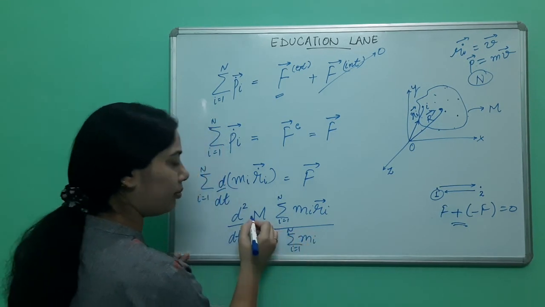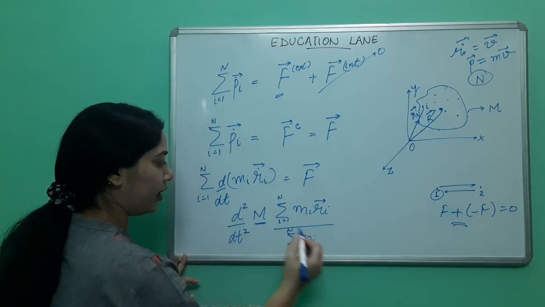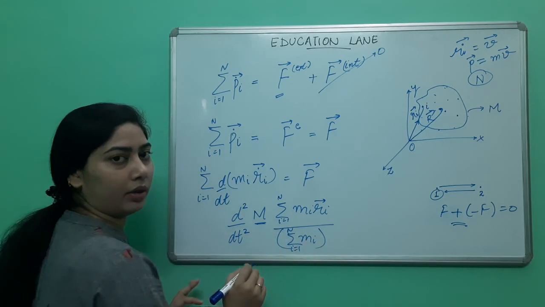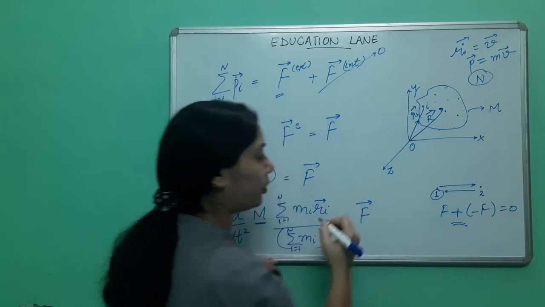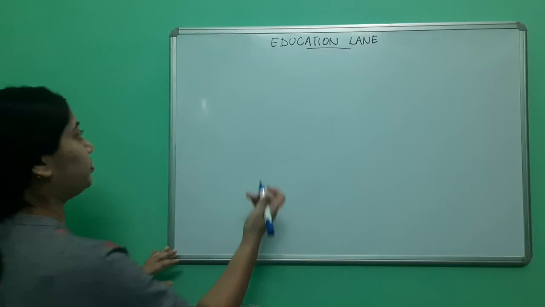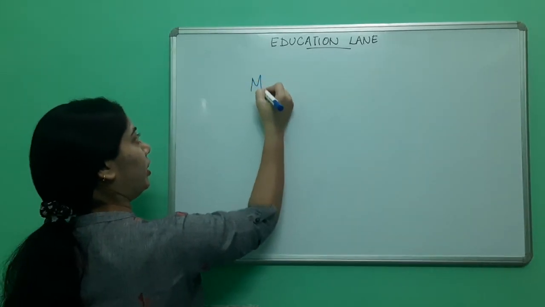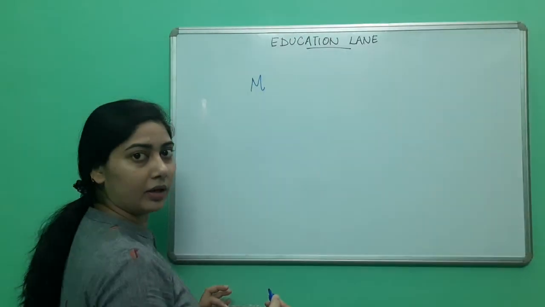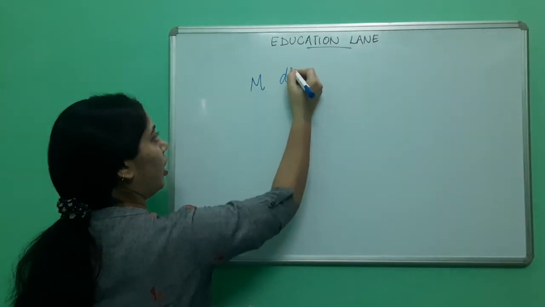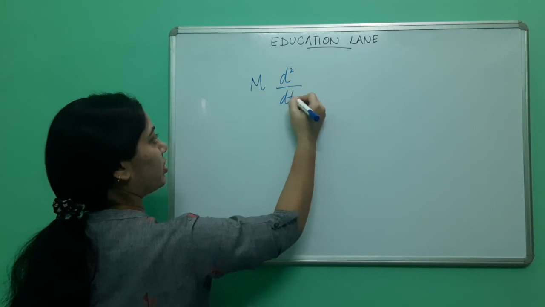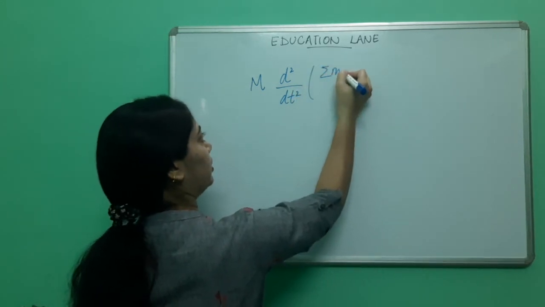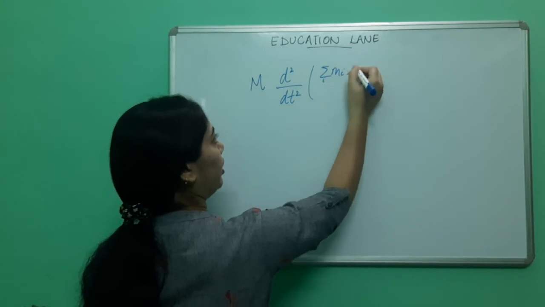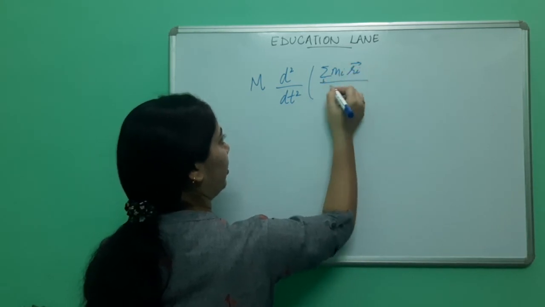This is also M, so I multiply and divide by the same term, so no effect will be seen. This is the total external force. I am taking this capital M out of the equation, not of the system. This is my summation over i of m_i r_i.